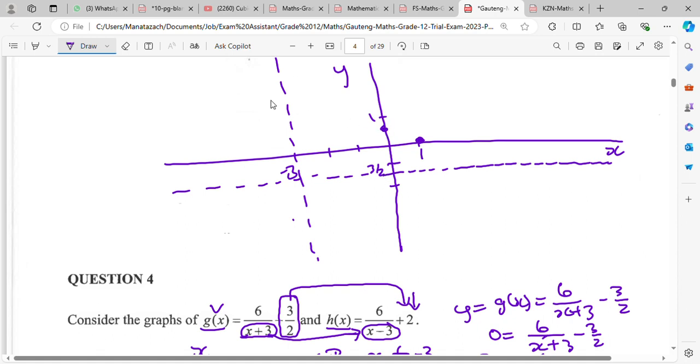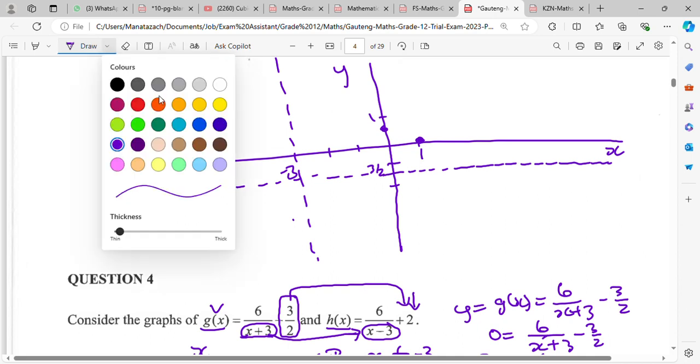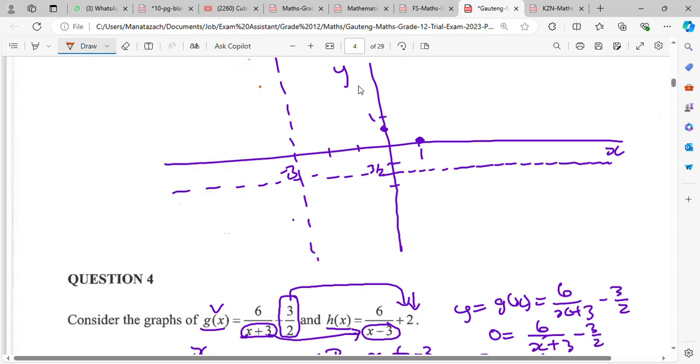Now we are ready to draw the graph. Let's change colors for this graph to make it look a little bit pretty. So I'm just going to draw. Maybe it's not the very best line in the world, but just make sure that you go through the y and the x-intercept and you do not touch the asymptotes, right? So the graph is not going to touch the asymptote until infinity.